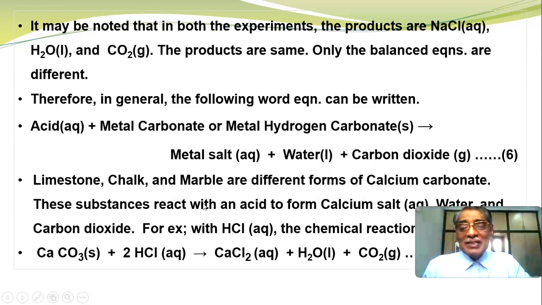These substances react with an acid to form calcium salt, aqueous, water and carbon dioxide. For example, with HCl aqueous, the chemical reaction is given below. CaCO3 solid plus 2HCl aqueous gives rise to CaCl2 aqueous plus H2O plus CO2 gas.